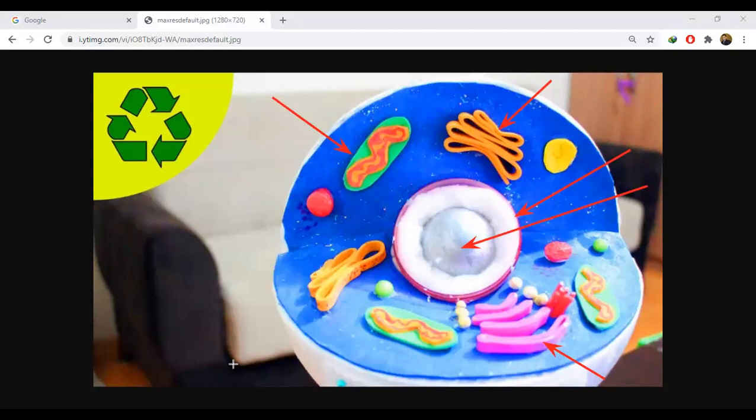This ocean-like blue color region. Cytoplasm.